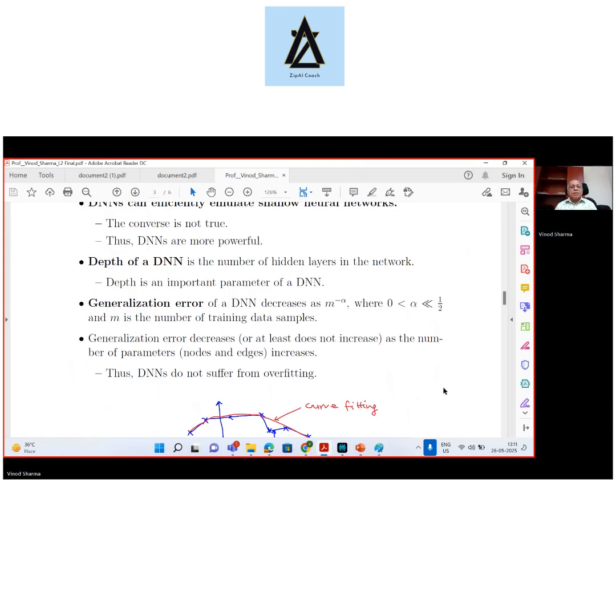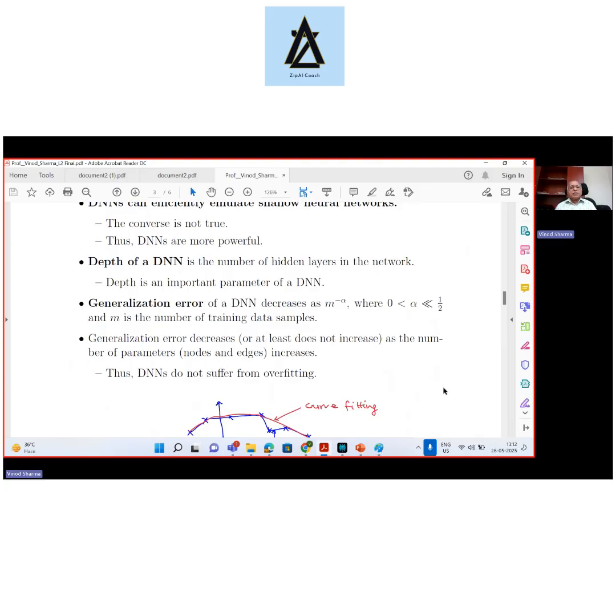If the depth is more, we can show that some functions can be approximated with fewer number of parameters, and the parameters here are the number of nodes in the network and the number of edges. So it can be shown that some functions can be much more efficiently implemented on a deep neural network with higher depth than deep neural networks with less depth.